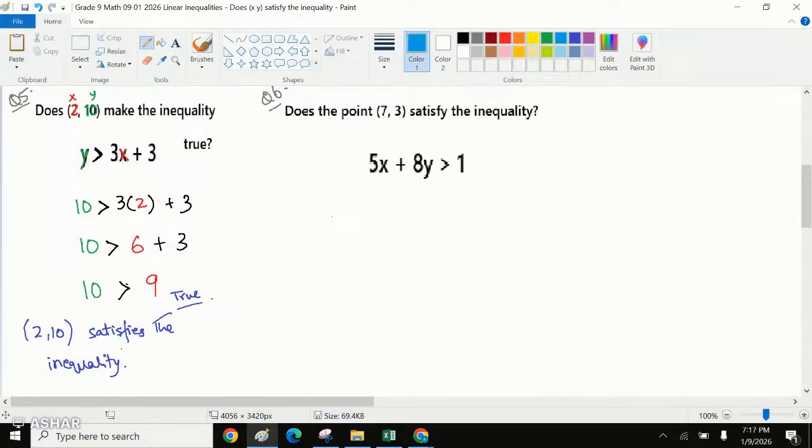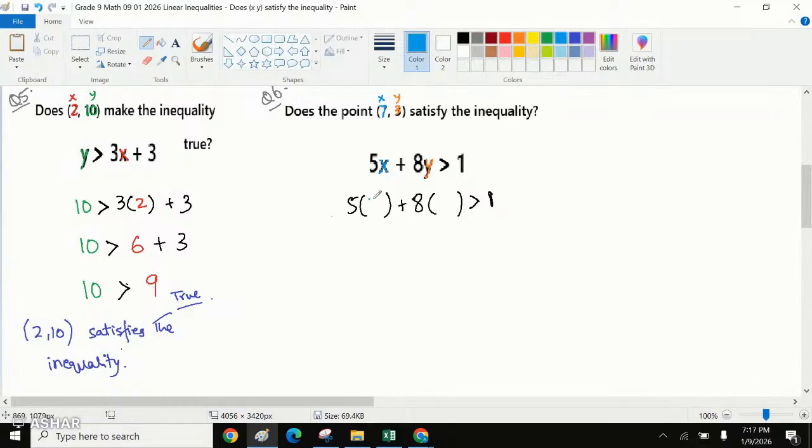We know that the value of x was 7 and the value of y was 3. So y can be substituted by a 3 and x would be 7, right? So we can write this as 5x plus 8y should be greater than 1. Agreed? So what was the value of x?